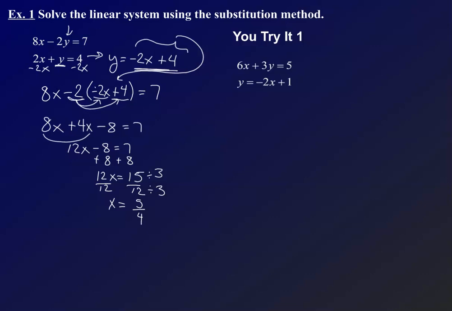Now I can plug that back into the y that I found earlier. So we have y equals negative 2 times 5 over 4 plus 4.